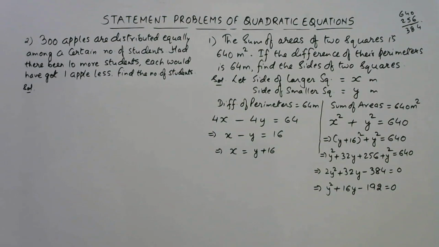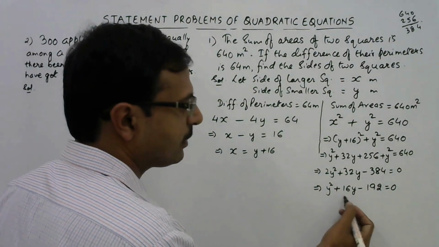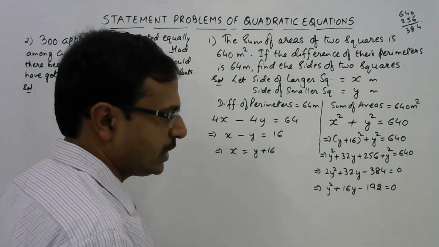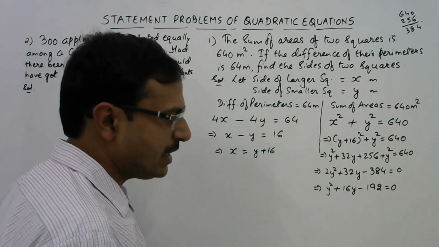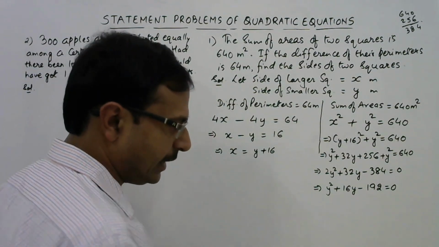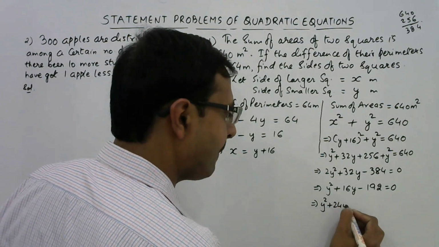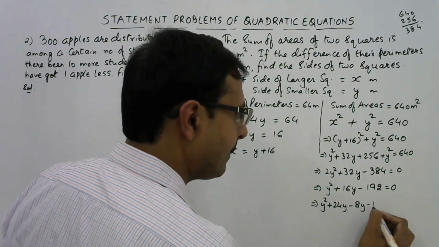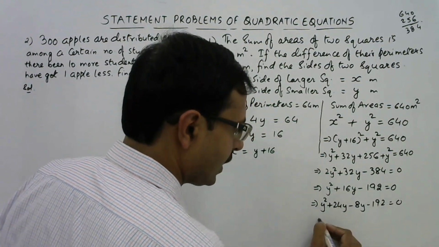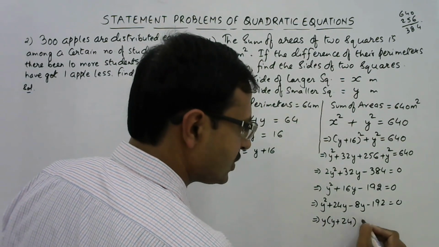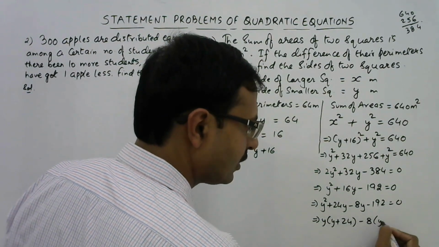And for the middle term split of this equation, we need two numbers whose sum is 16 and product is 192. So 8 times 4 is 32. Okay, this is 24 and 8. So let's split the middle term: y square plus 24y minus 8y, and after this it is the traditional factorization method.